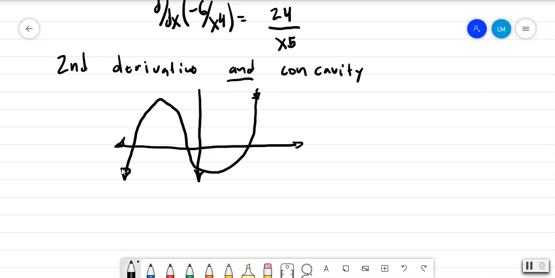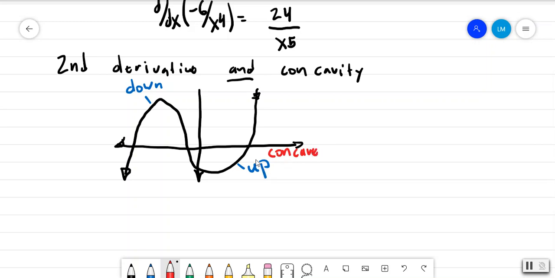If we were to use this graph, and it's just a sketch, and look at the shape of the graph, for example, right over here it has an upward direction, whereas over here it's kind of down. The way that we recognize that in terms of the shape of the graph is that we use the term concave.